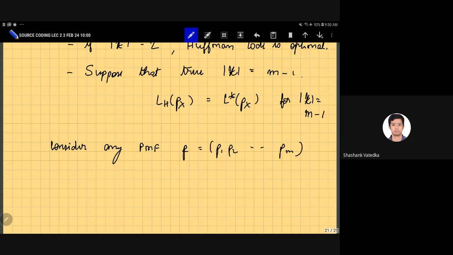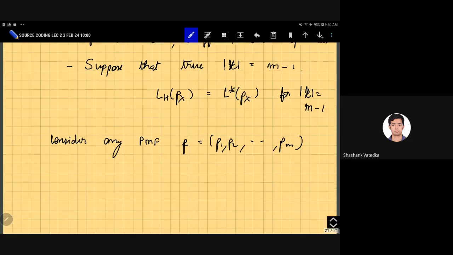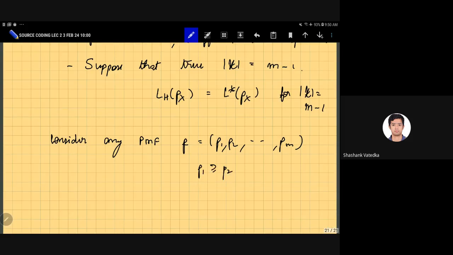These are the probabilities corresponding to the m symbols. Now, without loss of generality, let me assume that P1 is greater than or equal to P2, which is greater than or equal to P3, and so on. So it's an ordered PMF.